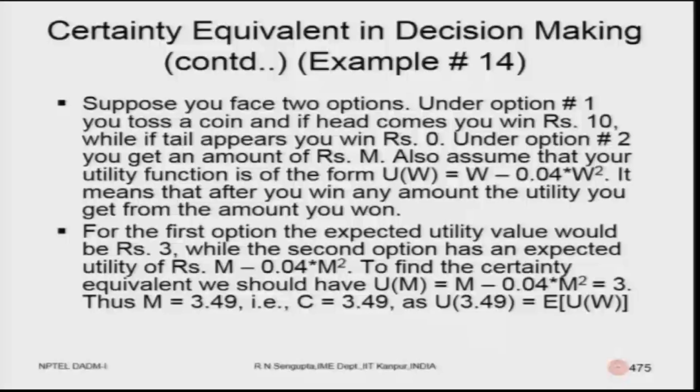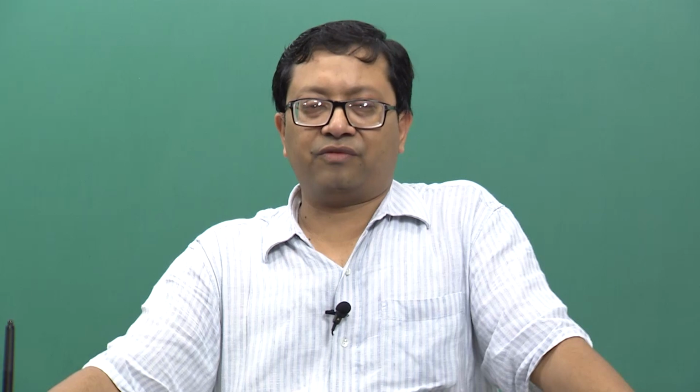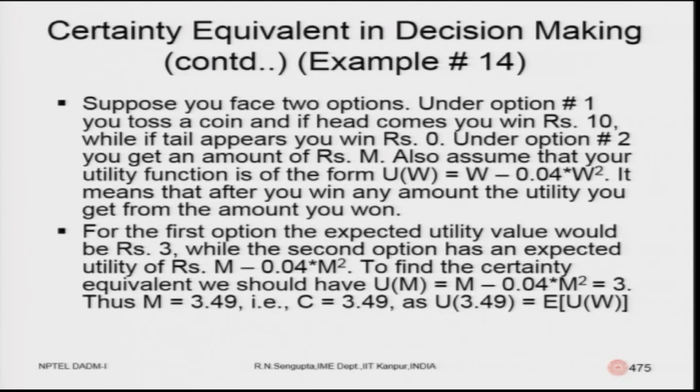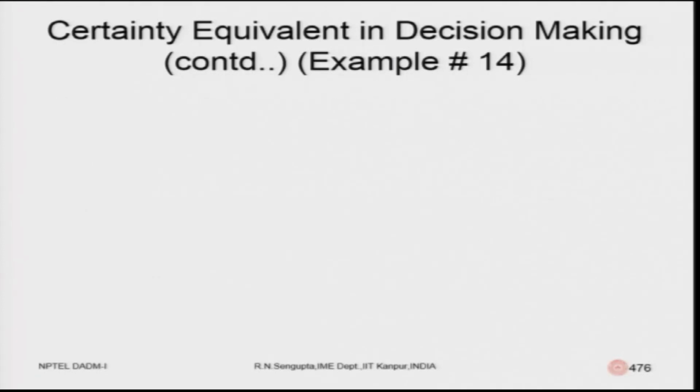So, obviously 10 is there on the table, and when I see a 10 rupee note, the value of the 10 accrues to me as a utility based on the utility function. Okay, so let me check the value. It is 10 and 0, and the utility is w minus 0.04 w square.